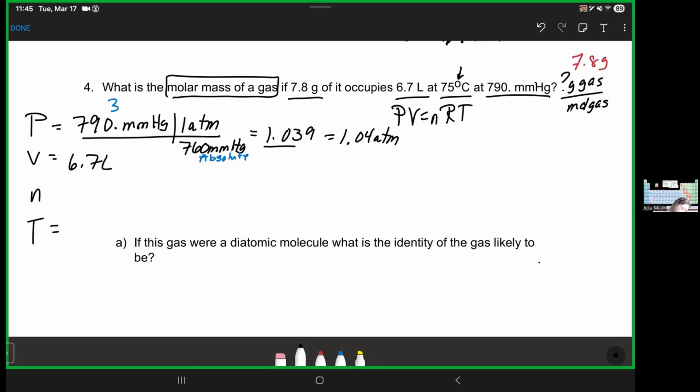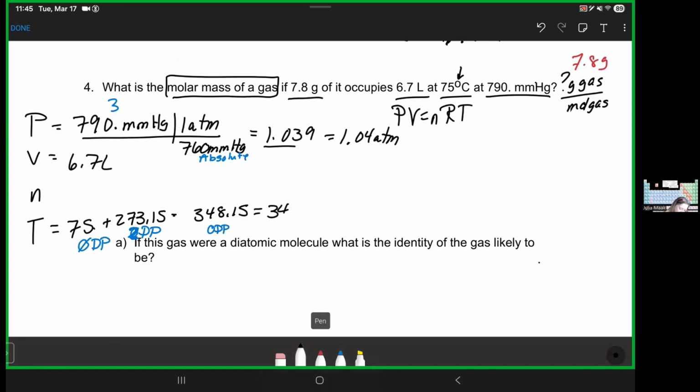My temperature is 75 degrees Celsius. So I have to add the 273.15, and I get 348.15. But addition, subtraction, so I'm going to go with 0 decimal places in my answer.